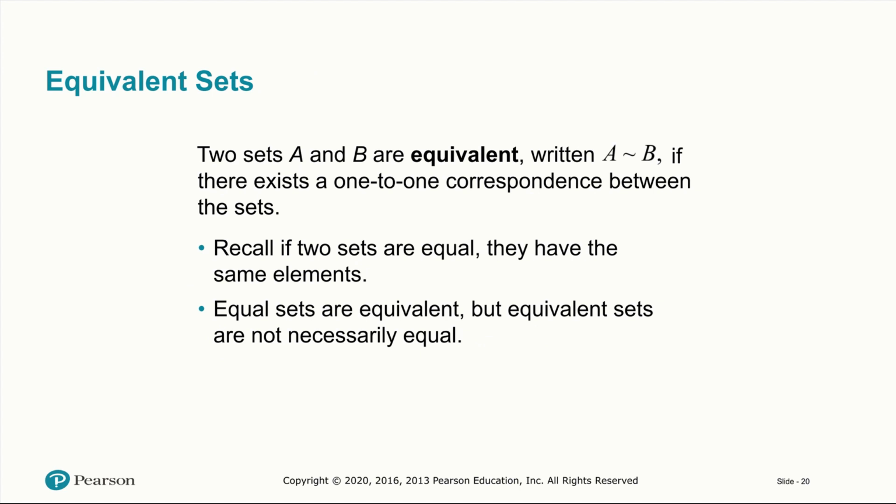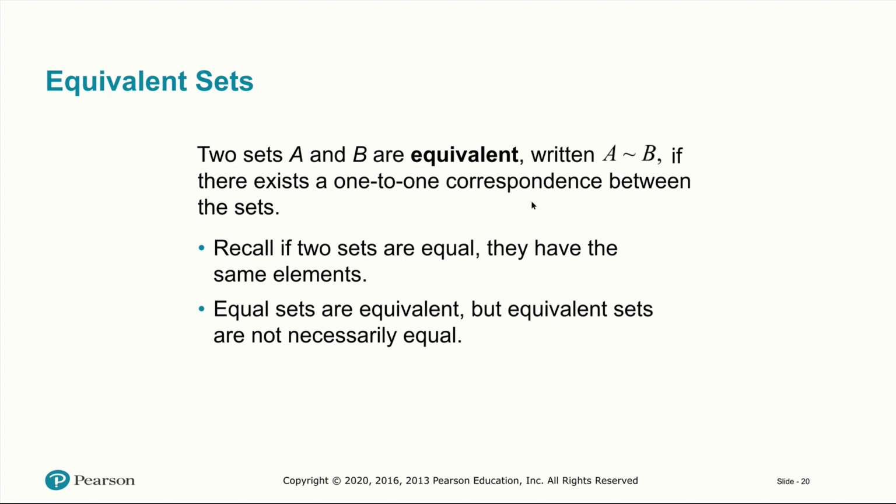Okay, we already discussed the notion of equality of sets. The next thing we want to do is look at another way of talking about 2 sets, and that's the notion of equivalence of 2 sets. For this, we use the tilde symbol like this. So we say A is equivalent to B, and this can only happen if there's a one-to-one correspondence between the sets.